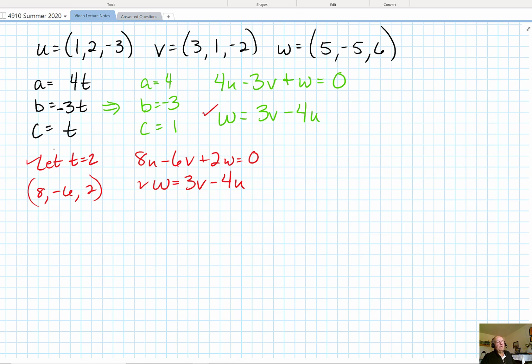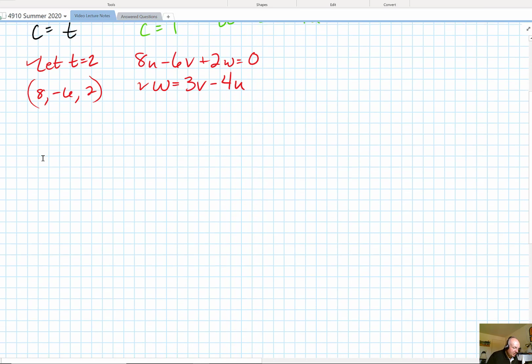More specifically, in order to be a vector space, the space has to be closed under addition and closed under multiplication. To be closed under addition means that if I take two vectors that are in the vector space and add them together, I get a third vector that's in the vector space.